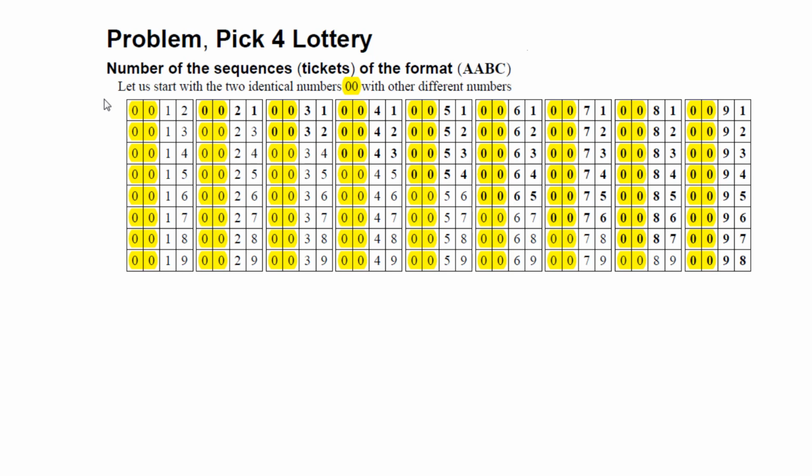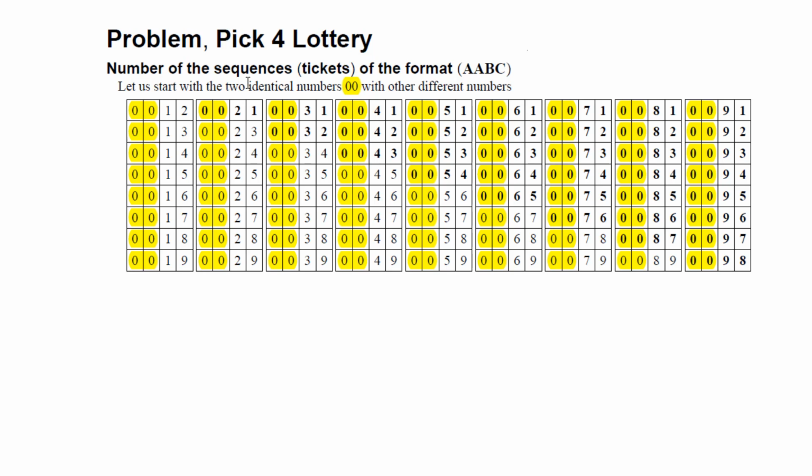Now if we want to make sure about the number of tickets of the format AABC, we can start with 2 identical numbers such as 00 and find all their combinations and then permute them. And again we do that for the 2 identical numbers such as 11, and we do exactly the same thing, and then 22 and then 33 until 99.